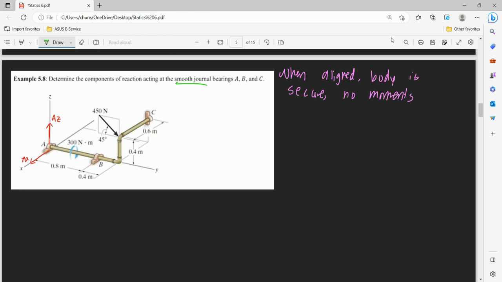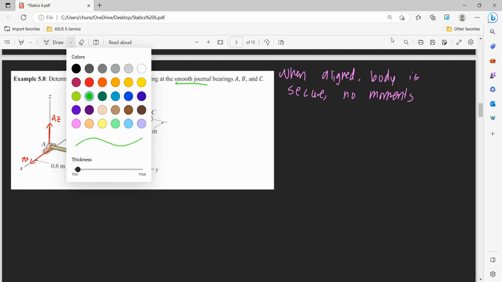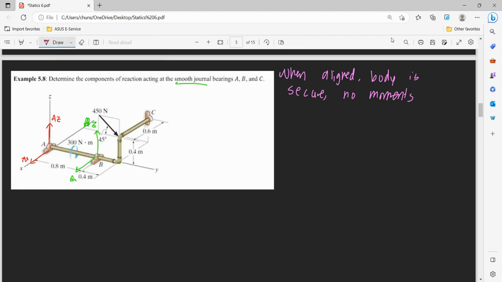So in our B, same thing as our point A, because we are on the same axis. It's supposed to say B. And for our C, we can imagine our C sliding through our X, so we have CY and CZ.